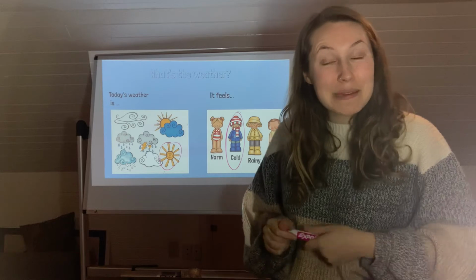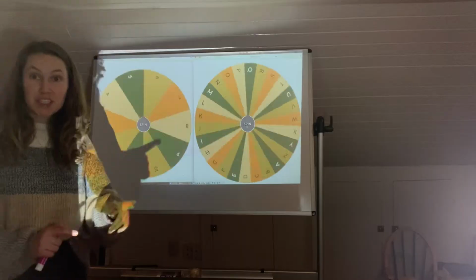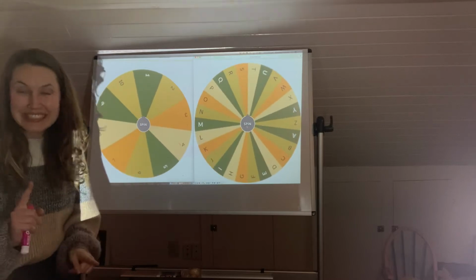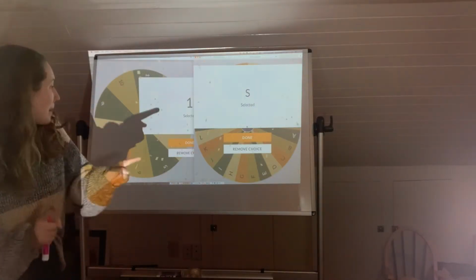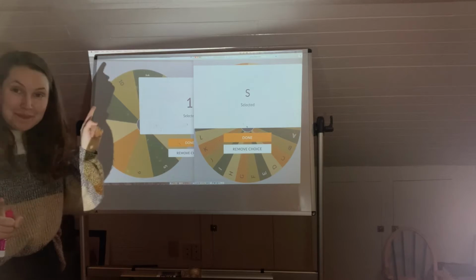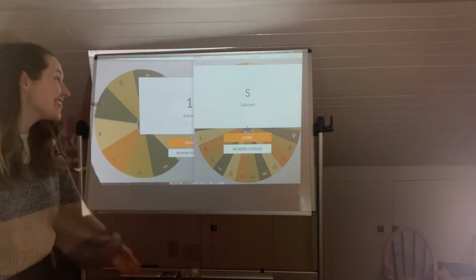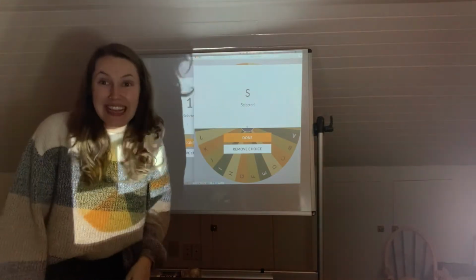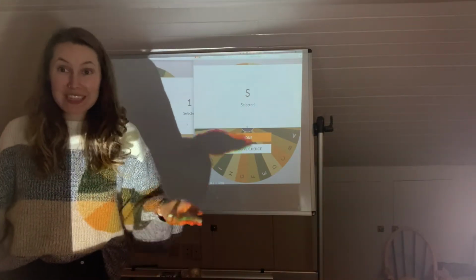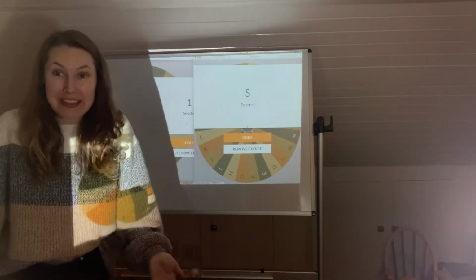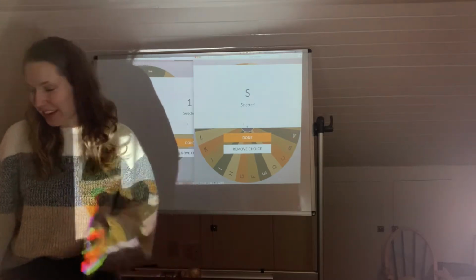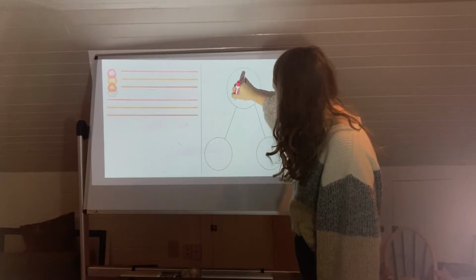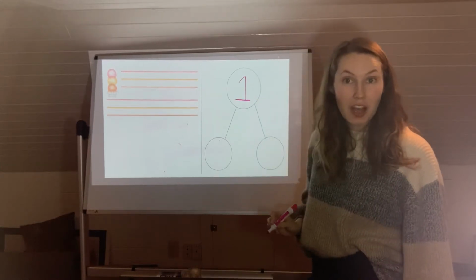Okay, let's do some letter and number of the day review. All right, well, our number of the day is 1, easy peasy, and our letter of the day is S, which we've reviewed recently, so that should also be easy peasy. A nice easy start to our week. Okay, we'll begin with our number bond mat, and we'll start by writing number 1 at the top.